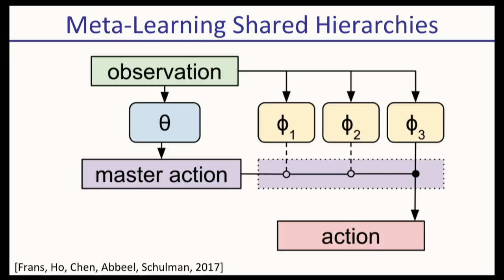The way we formulate this is that we said there's going to be two levels of decision making. You get in observations, then there's a master policy which chooses a master action which decides which of the low-level policies is being activated at the current time, which then gets the action executed. So this architecture is saying, I want there to be low-level policies such that just selecting between those low-level policies is good enough to solve tasks.